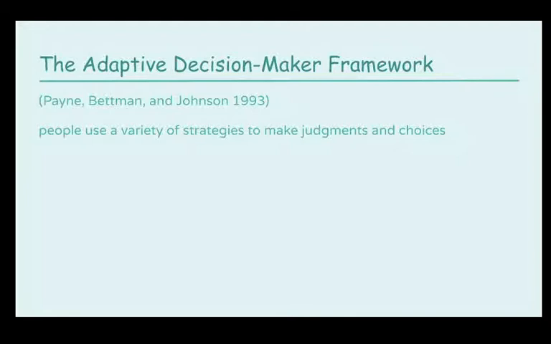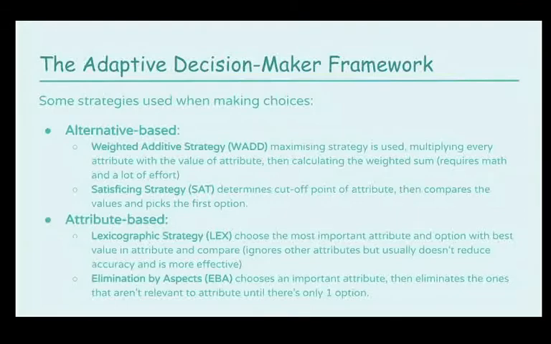So, there's also another theory called the adaptive decision maker framework. It was proposed by Payne, Bettman, and Johnson in 1993, and they believe that people use a lot of different strategies to make judgments and choices.